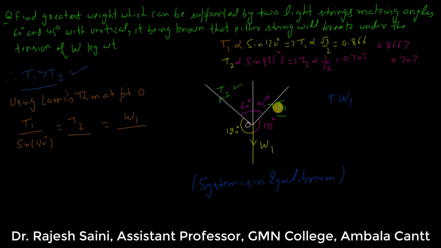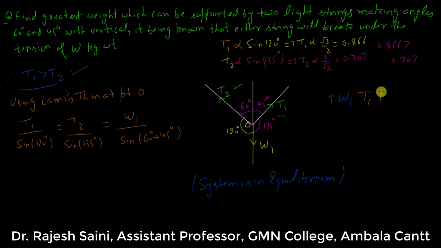T2 upon sine of the angle between T1 and W1, this is sine 135 degree. W1 upon sine of the angle between T2 and T1, that will be 60 plus 45, sine 60 plus 45.